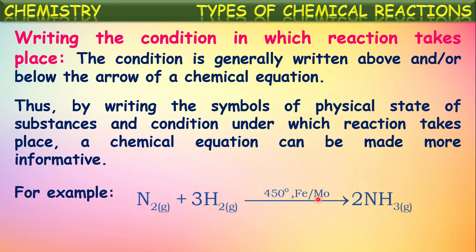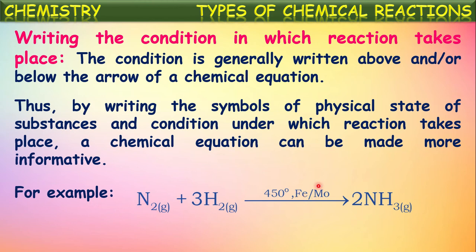We know what is meant by catalyst already. Catalyst means the chemical substance which speeds up the reaction without participating in the chemical reaction. So in this reaction, nitrogen and hydrogen only are participating, but this iron or molybdenized iron is used as a catalyst which speeds up the reaction without participating in it.